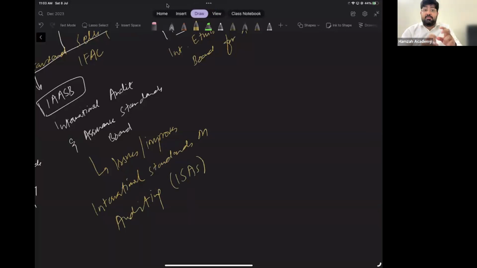Basically these are guidelines to conduct audit, how to perform audit. Yes, IAASB.